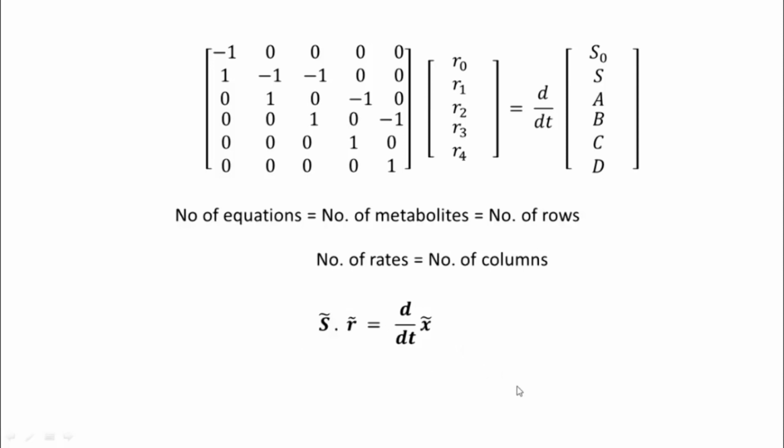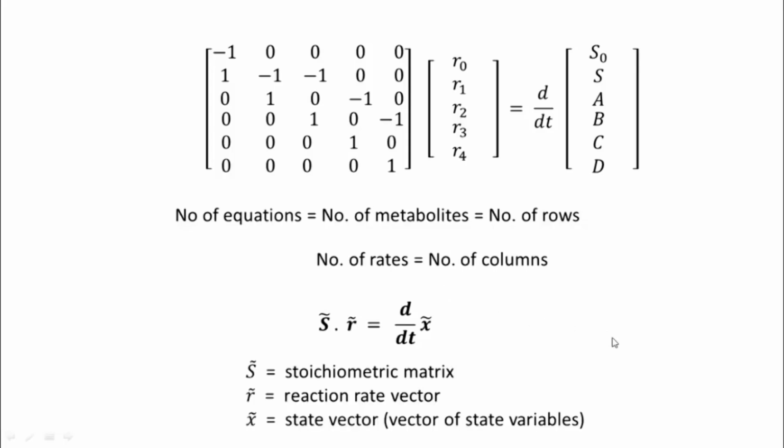It's of course cumbersome to convert them into a computer program, but once you have converted them into the computer program, you can do all sorts of modifications if you look at it in this form. So that's the reason why we got it into this form. R is the reaction rate vector, and x is the state vector, vector of state variables. In other words, the metabolites are state variables.